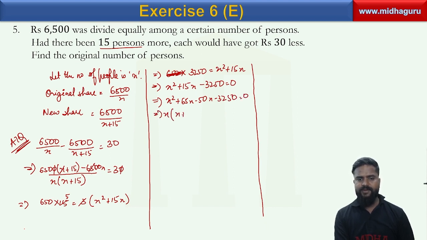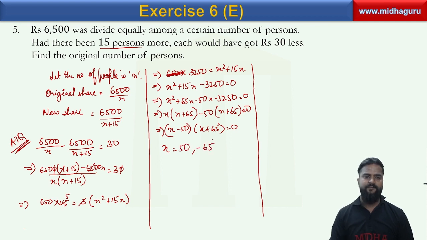So you take x as common, you get x plus 65, minus 50 as common, again we get x plus 65. x minus 50 into x plus 65 is equal to 0. So x is either equal to 50 or minus 65. Now we took x to be a number of people, so it cannot be negative. So the original number of persons were 50.